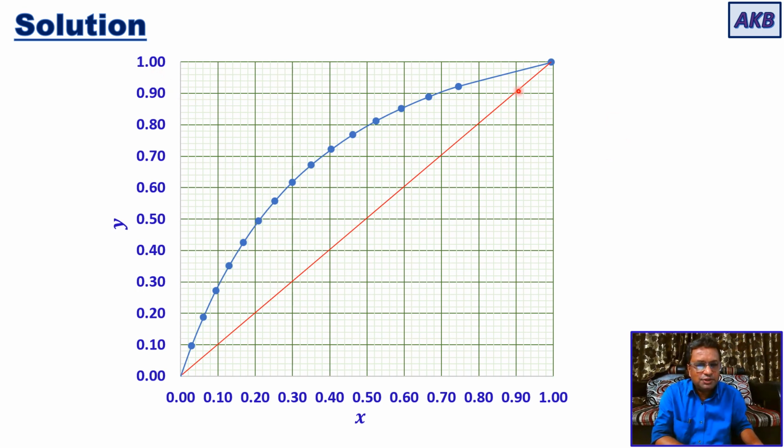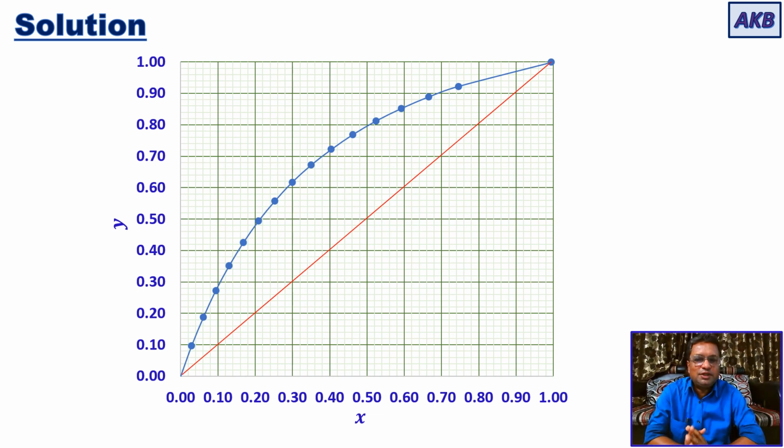The plot says that you can see the blue line, which is the desired plot, the distribution curve, and the diagram is the distribution diagram. Now you can see it is lying above the diagonal line, which suggests that for every point, the mole fraction of methanol in the vapor phase is greater than in the liquid phase, and this conveys the fact that A is the more volatile component.